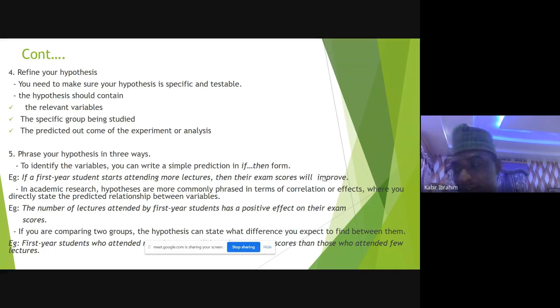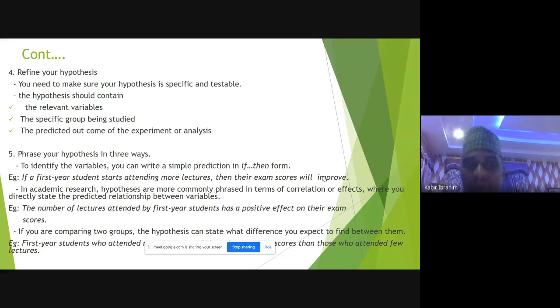For example, the group of level 100 students, university students, or lecturers, for example, senior lecturers and professors. They are the group that can be studied.